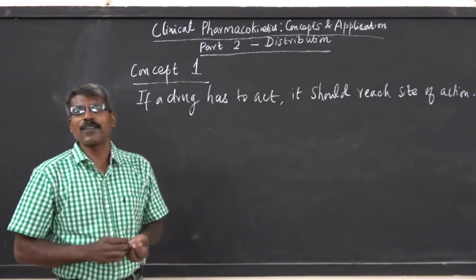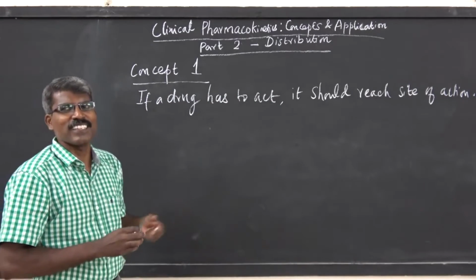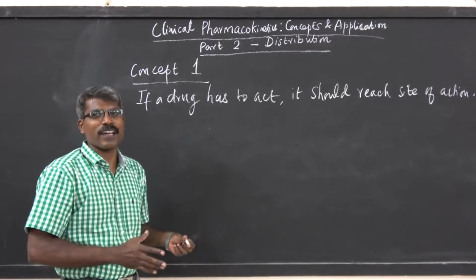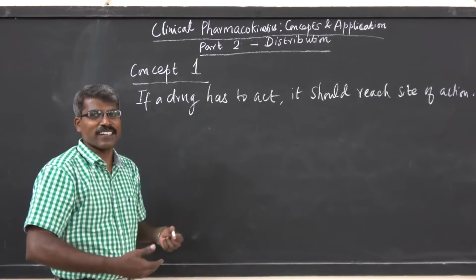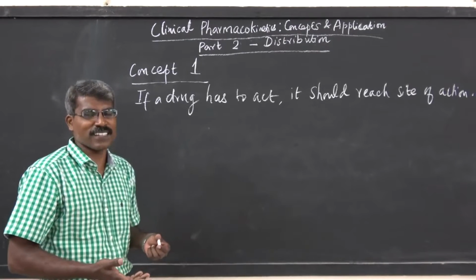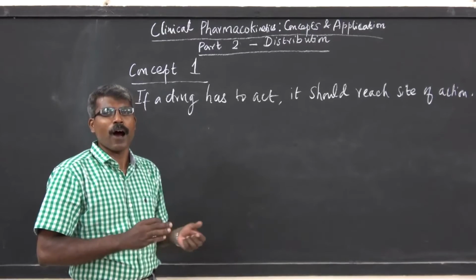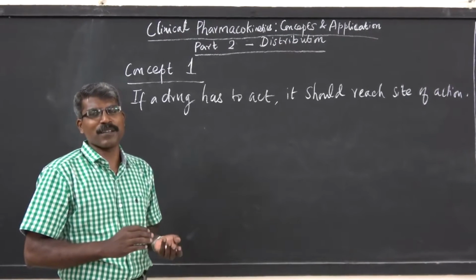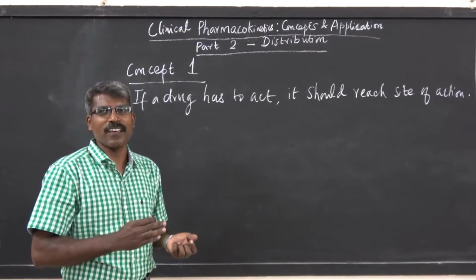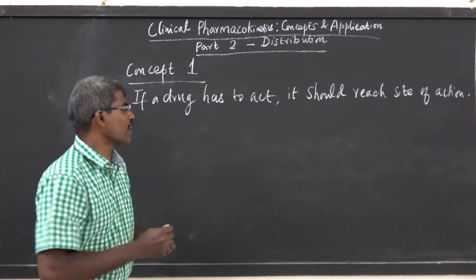Looks like a very simple concept, isn't it? Very easy to understand also. If a drug has to act, it has to obviously get distributed to the site of action, isn't it? Now let us see how this simple concept is applied and how we use it therapeutically.